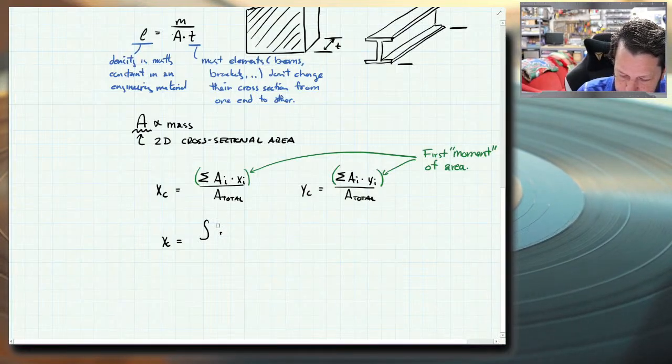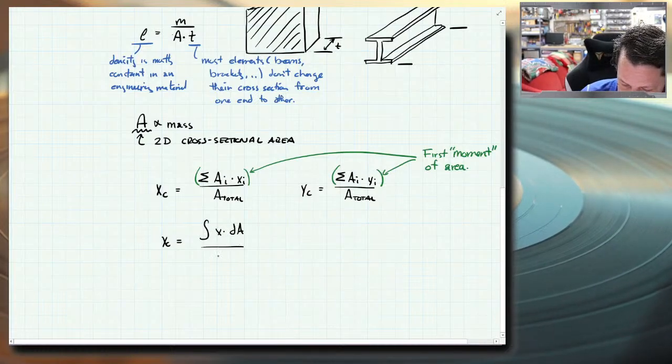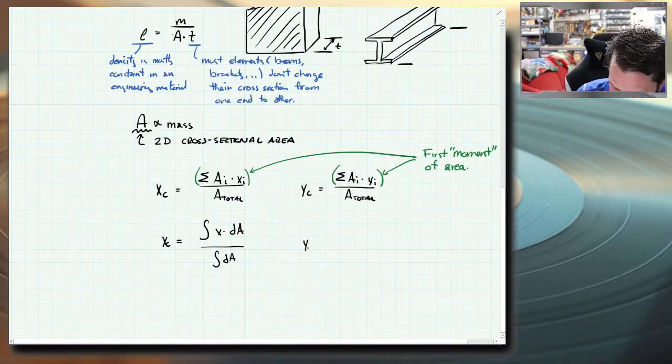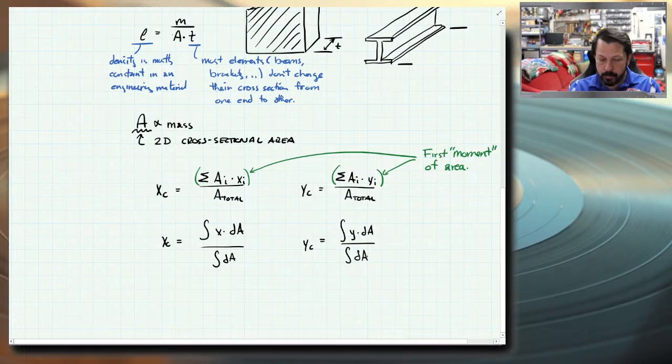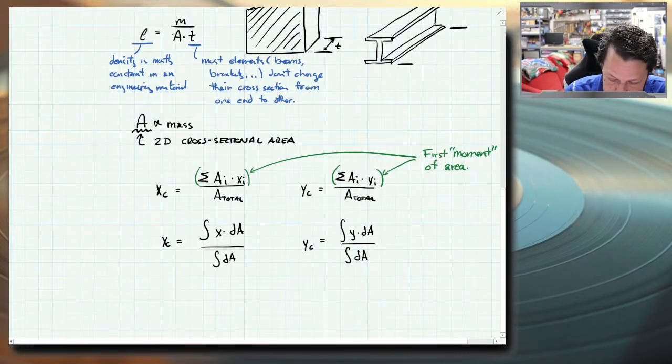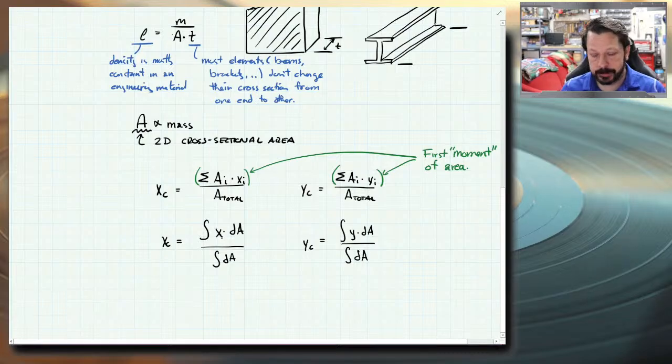Let's do x dA, and then integrate just dA to get the total area. y sub c is the integral of y dA over the integral of dA, and we could integrate over the area, the differential area dA.